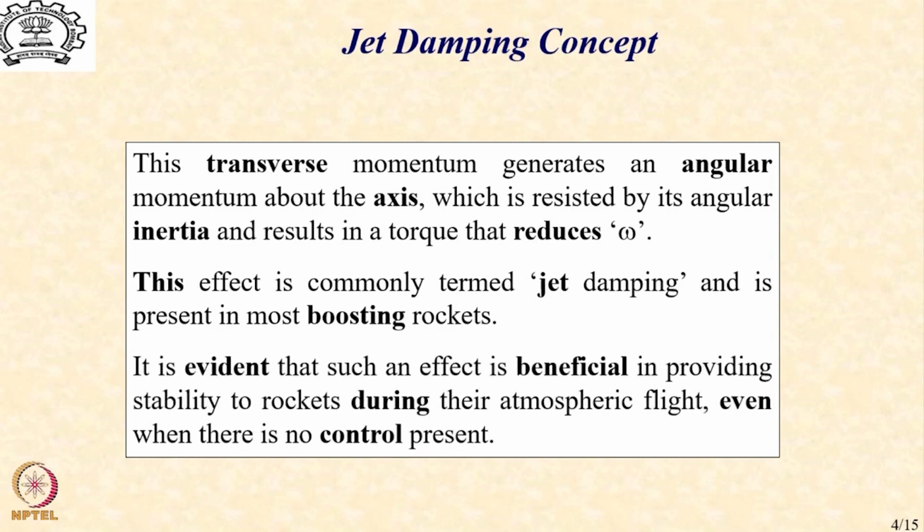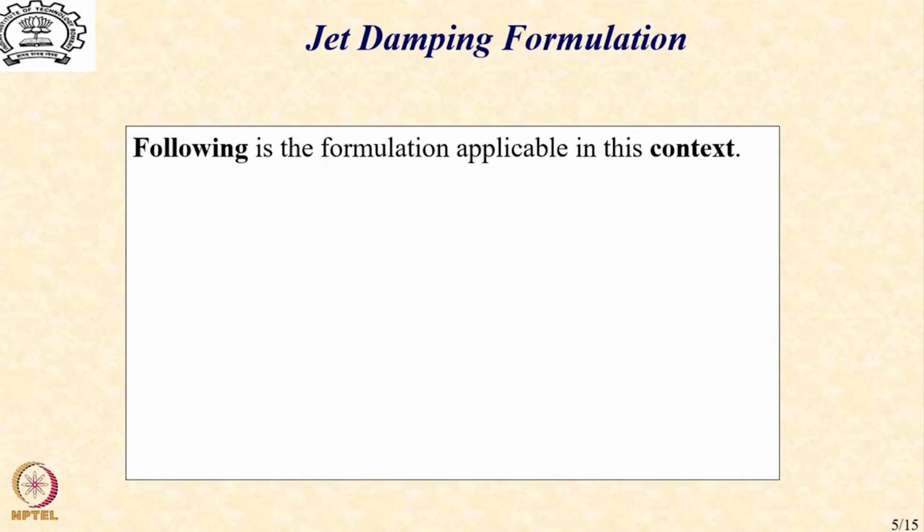It is evident that such an effect is beneficial in providing stability to rockets during their atmospheric flight, even when there is no control present. Following is the basic formulation applicable in this context.